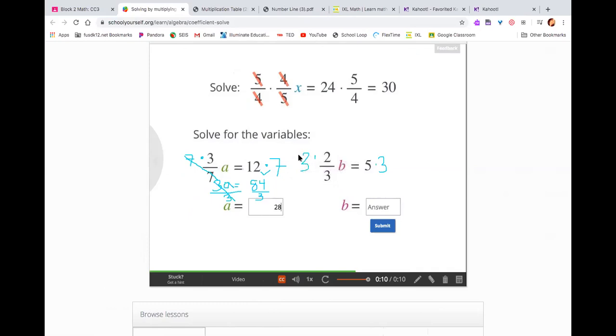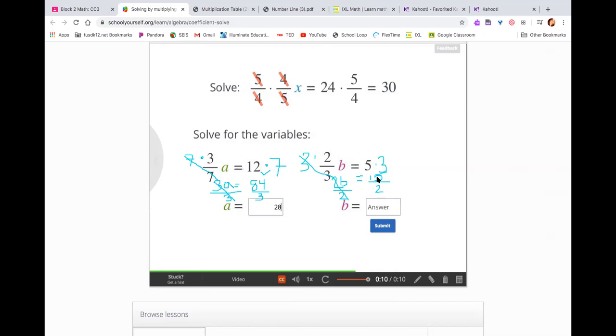They cancel out. And I have 15 and 2B. Okay, now what do I do? Divide by 2. Over 2. So these cancel out.